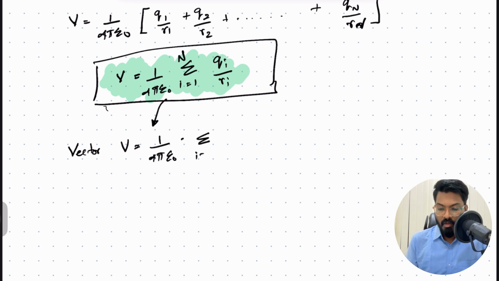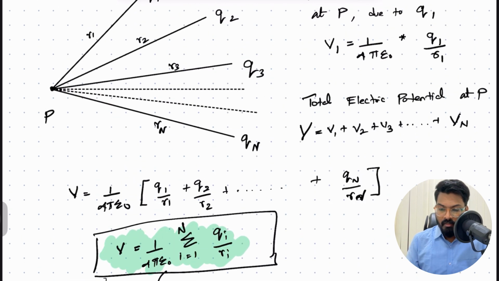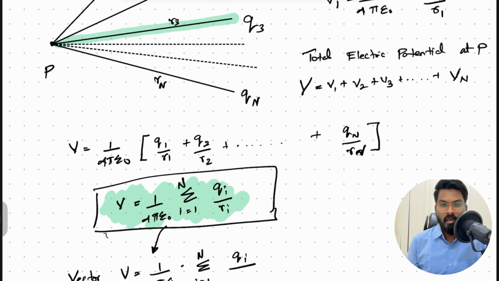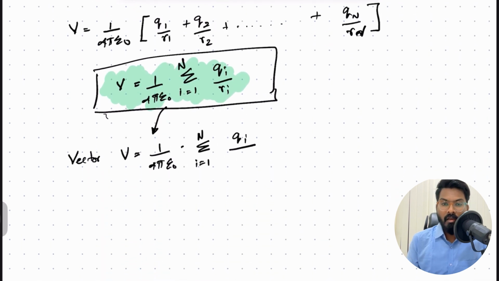Sigma i equal to 1 to n Qi. Now Ri is this distance. Now each of these distances I can write as a vector. How do we write that as a vector? Modulus of R minus Ri vector. So that will give me the position vector.